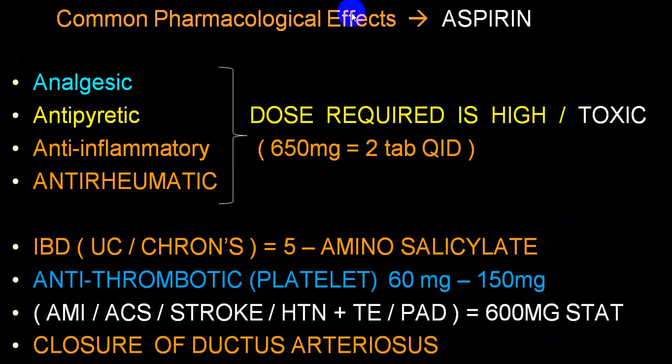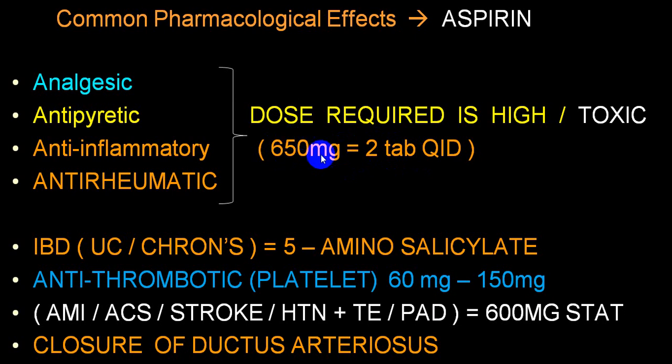Now talking about aspirin, they are analgesic, antipyretic, anti-inflammatory and anti-rheumatic. But for anti-inflammatory action, anti-rheumatic action, as an analgesic, as an antipyretic, you will have to use a larger dose. That is 650 milligram tablet, QID, or sometimes more than 2 tablets, because one tablet is 325 milligram of aspirin, that is what we call dispirin.